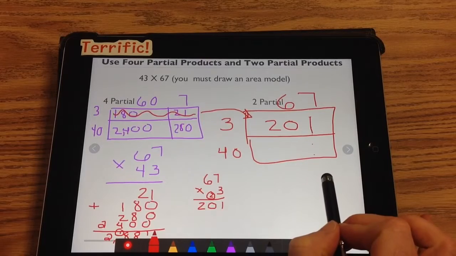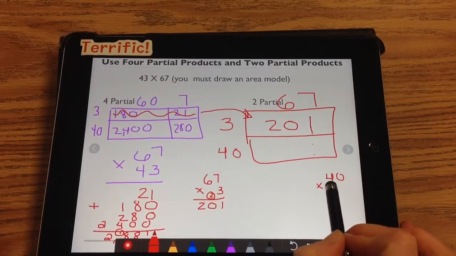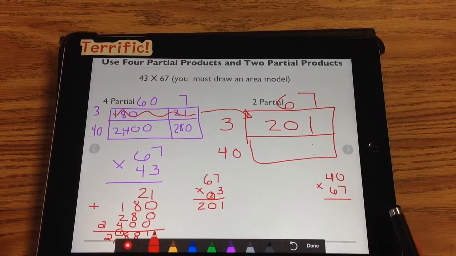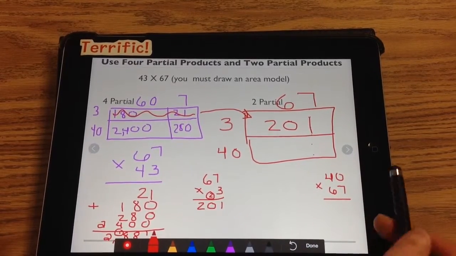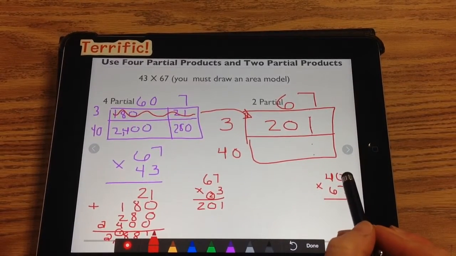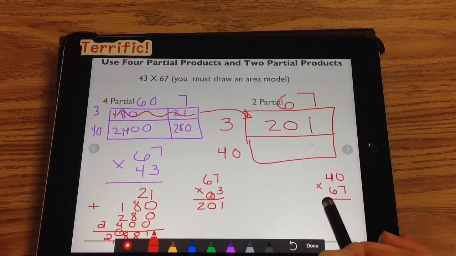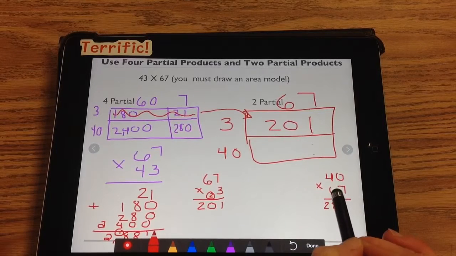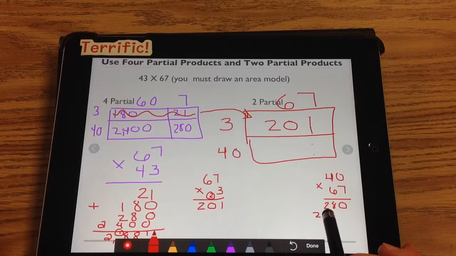And then 40 times 67. 4 tens times 67. 7 times 0 we don't bother with. 7 times 4 tens is 28 tens. 6 tens times 4 tens is 24 hundreds. Add them up: 2,680.